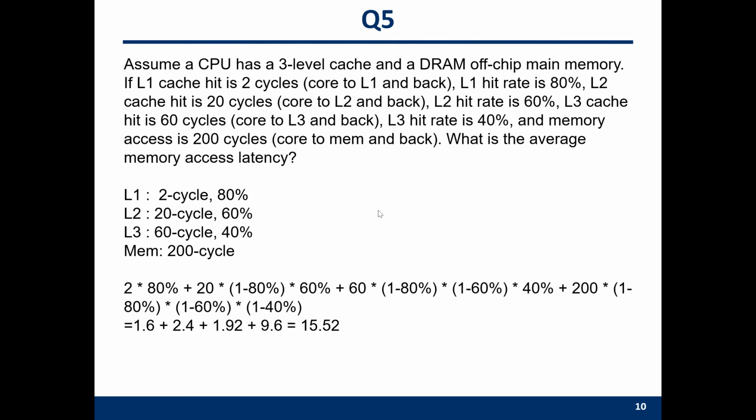And the question asks you to compute the average memory access latency. You can compute that in this way. 80% of memory accesses will hit in the L1, so 80% will pay 2 cycles.